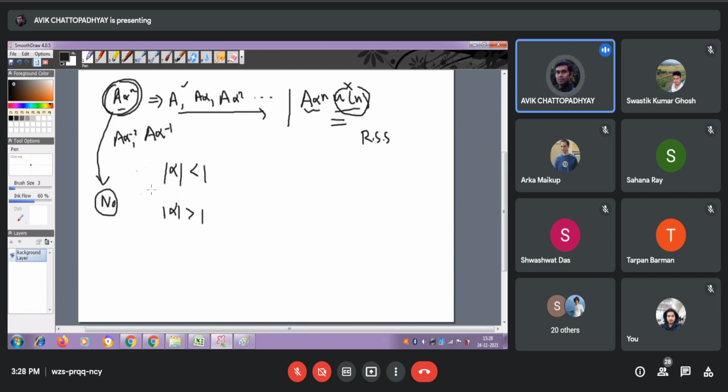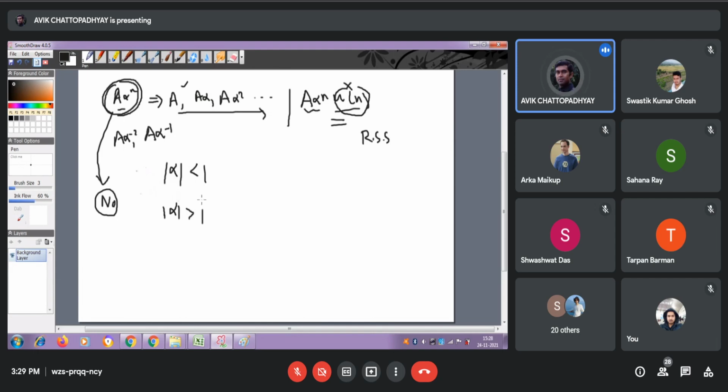Because if you think carefully, either mod alpha will be greater than 1 or less than 1. That's all. If it is greater than 1, then your right-sided sequence will be unbounded, the right-sided part.